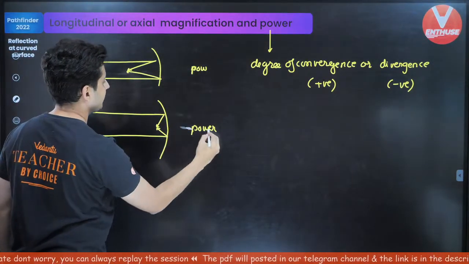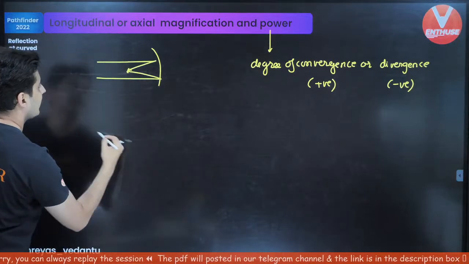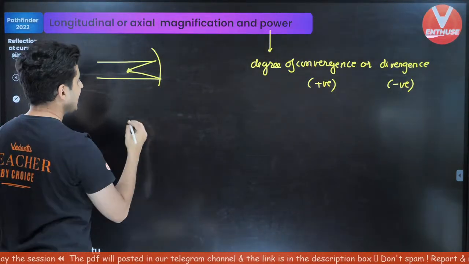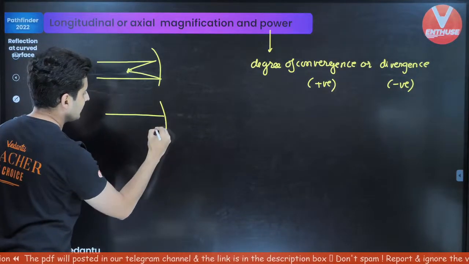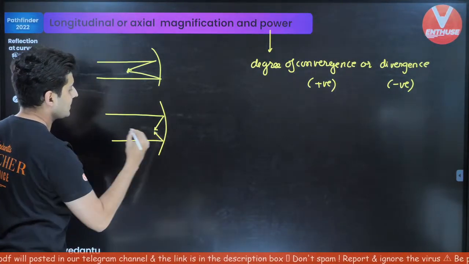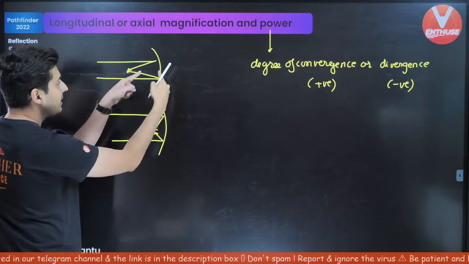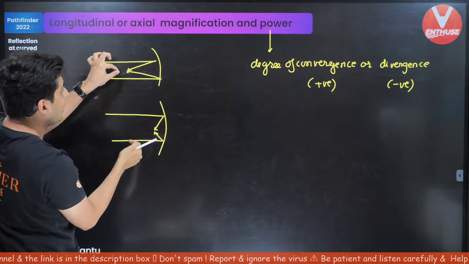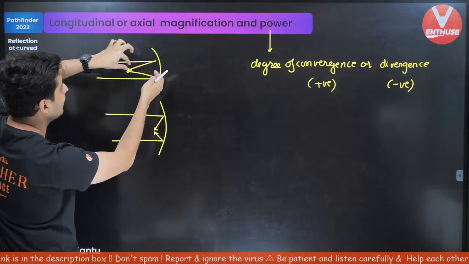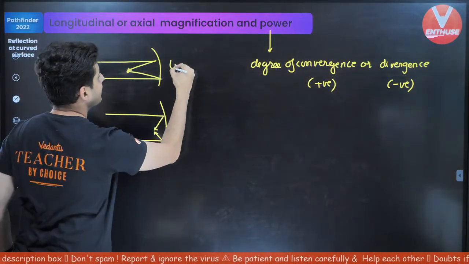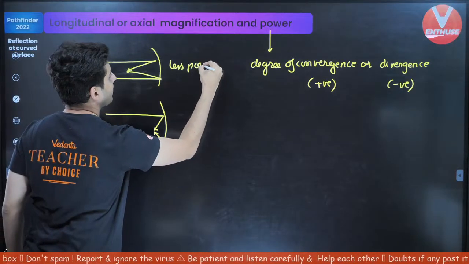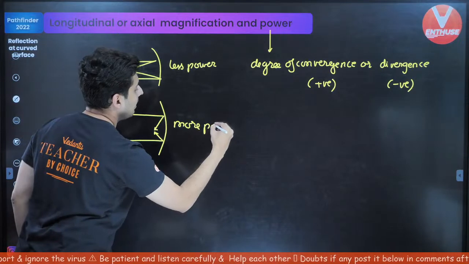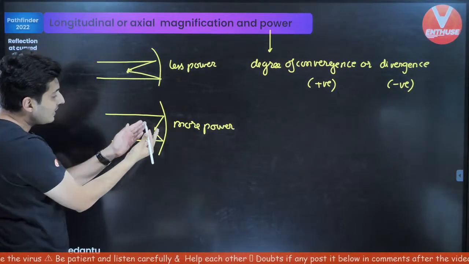Just 1 second, I'll do it again. If I had a mirror like this and another mirror like this, where the rays converge very close, you can see the converging power is less for the first mirror because the rays are converging after a long distance. This has less power, and this has more power because it is converging very soon.